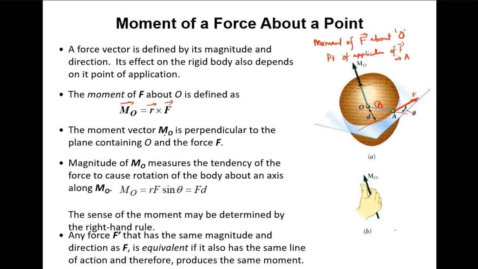Now the moment vector MO is perpendicular to the plane containing O and force F. So this is the plane containing R and F. The moment vector will be perpendicular to the plane containing R and F. Now this is pointing in the upward direction.